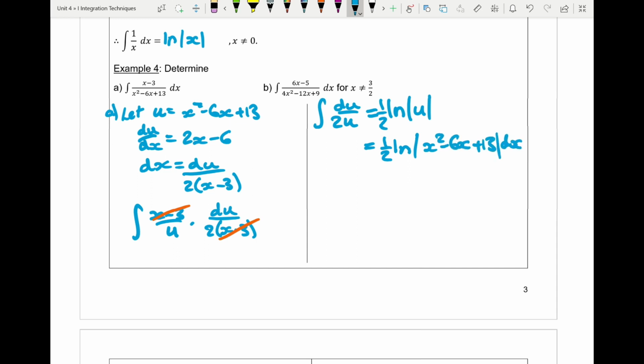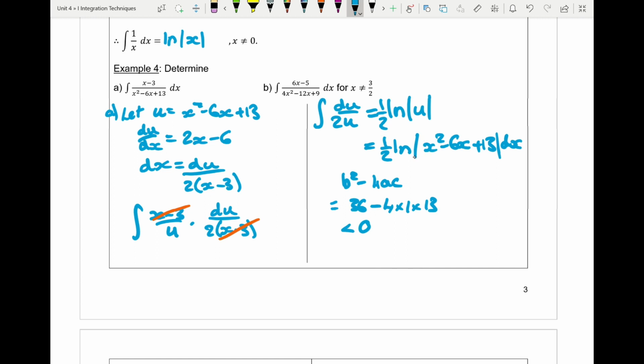But if we were to look at this quadratic, it is actually strictly positive. We can test that with the discriminant b squared take 4ac. That's going to be 36 take 4 times 1 times 13. We can see that's going to be less than 0. So we're not going to have any roots, which means we're either strictly positive or strictly negative, depending on the leading term.